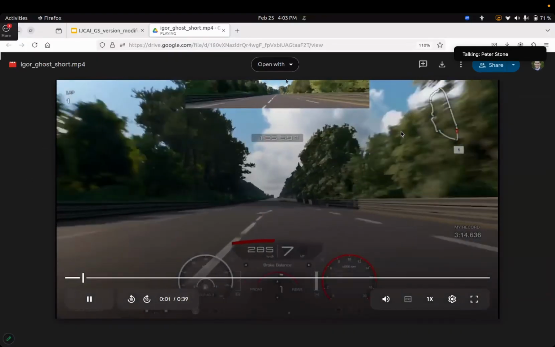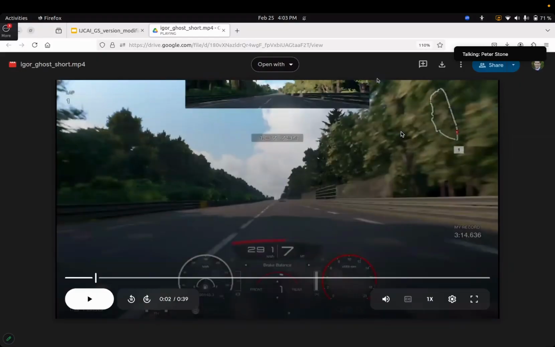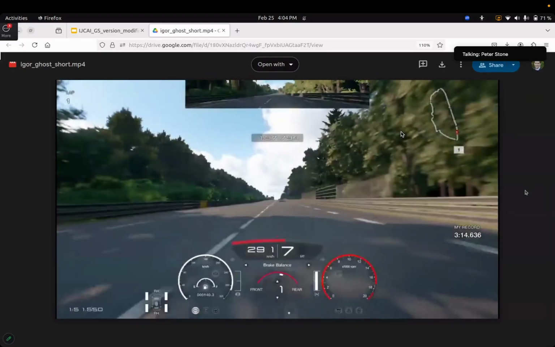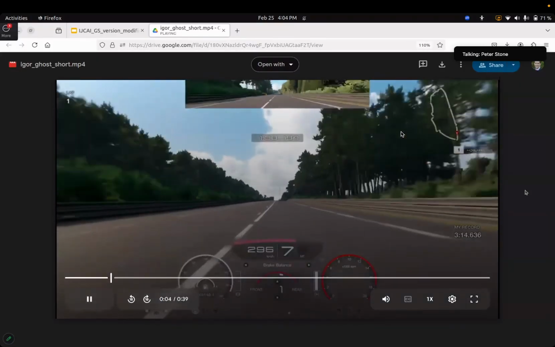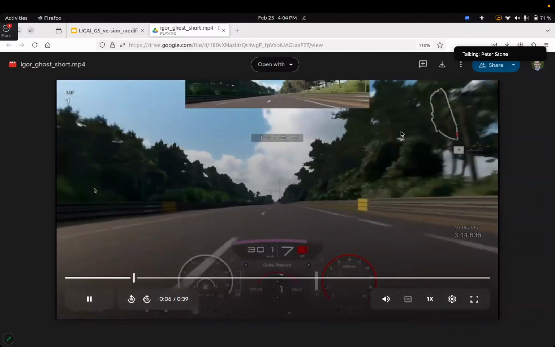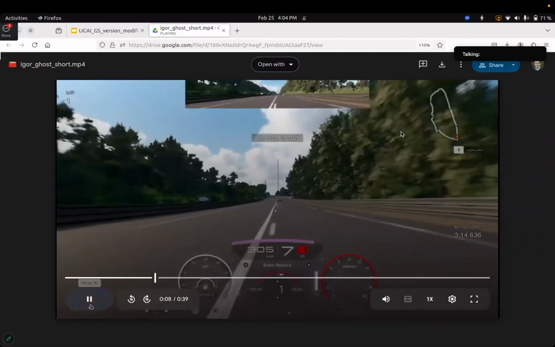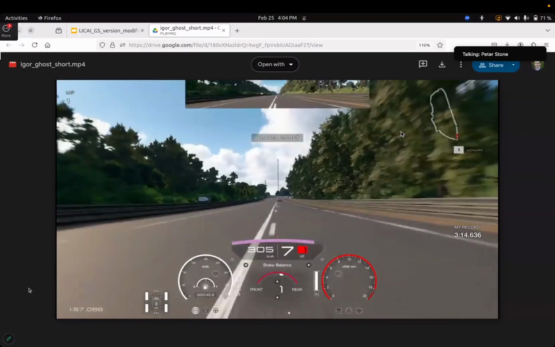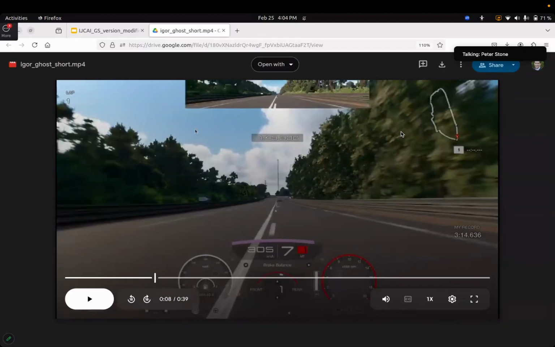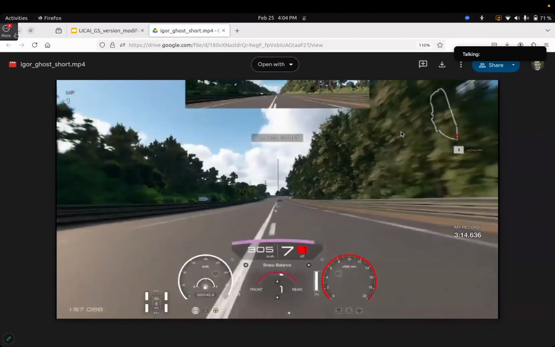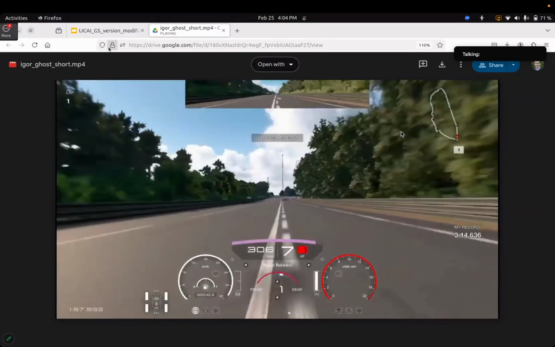Sorry, I'm trying to move to the next slide here. Sorry, for some reason I've lost control over the slides. Let me try reloading this.